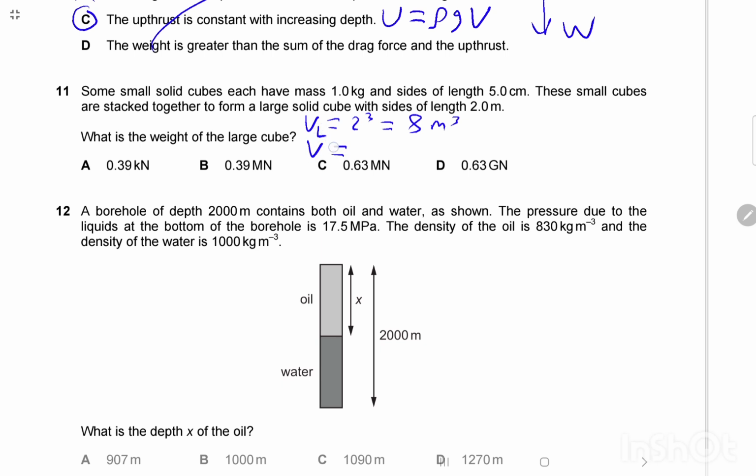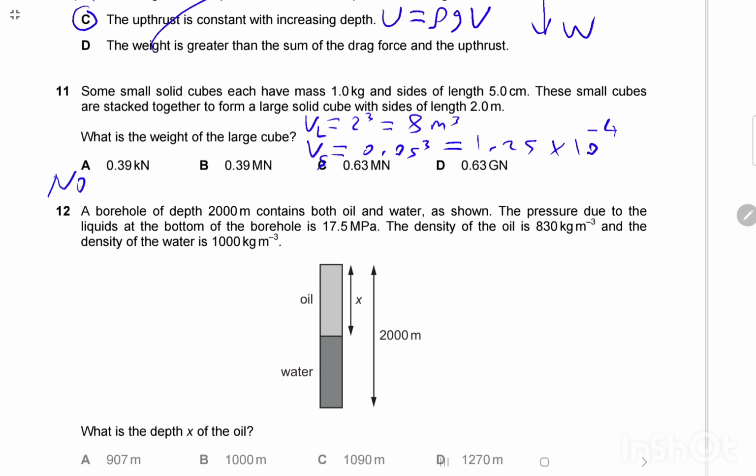Now the volume of the small is 0.05 to the power of 3, and this is 1.25 times 10 to the power of -4. Now if you divide the volume of the large by the volume of the small, you can get the number of cubes.